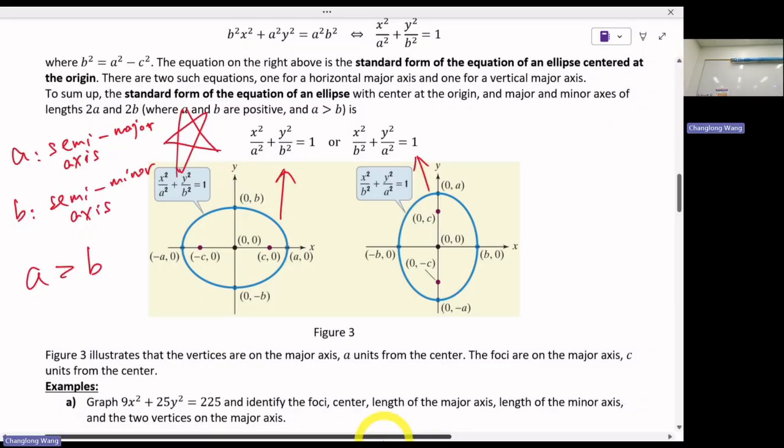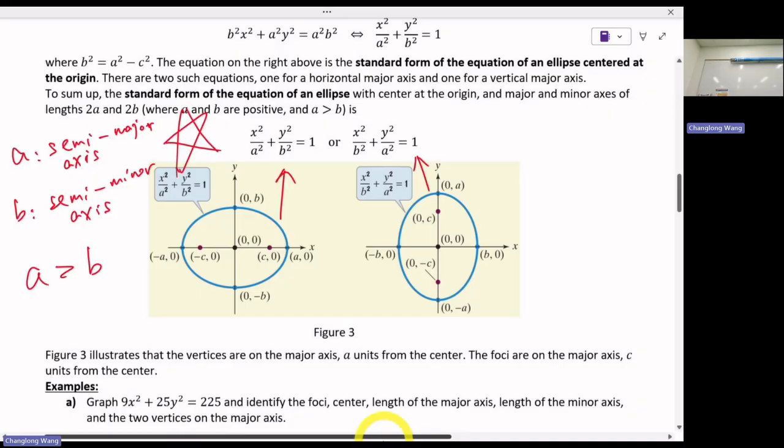If it's a horizontally stretched ellipse, the length of the major axis is 2a. That means you go from the center to the right and left by a units, and you're hitting the vertices. The segment connecting the two vertices is the major axis. The vertices are located at plus or minus a, comma 0.